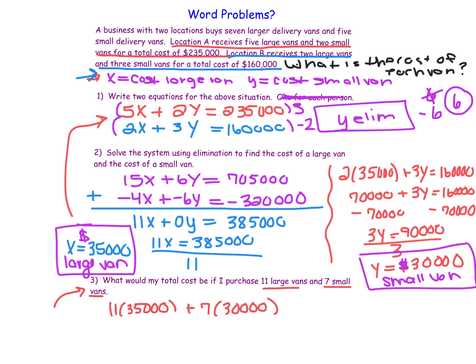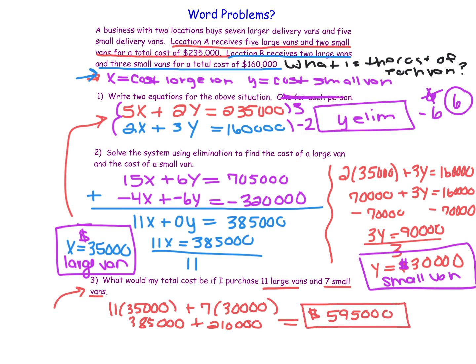Then if I calculate that using my calculator, 11 times 35,000 is 385,000, plus 7 times 30,000 is 210,000. So if we add those together, if I were to make those purchases of 11 large vans and 7 small vans, I would spend a total of $595,000 on my vehicles.